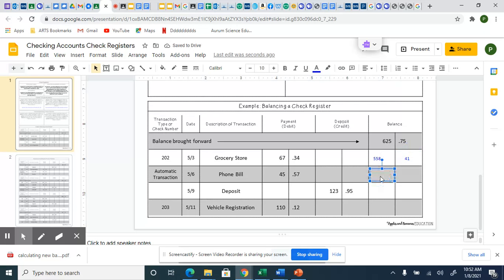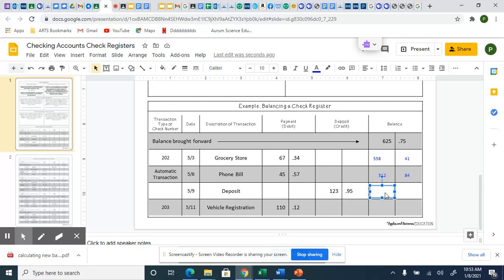All right, so then we're going to subtract again 45.57, and that equals 512.84. Now we put money in, so we're going to add 123.95.